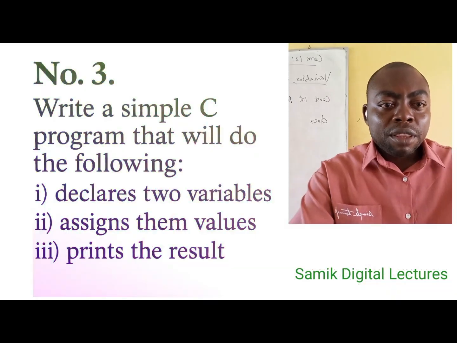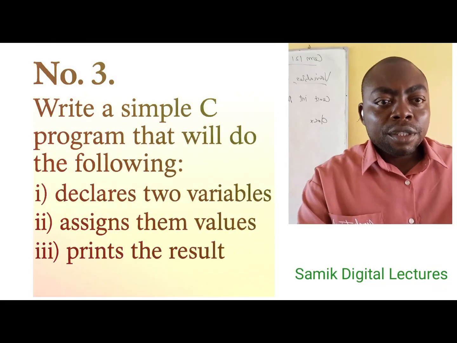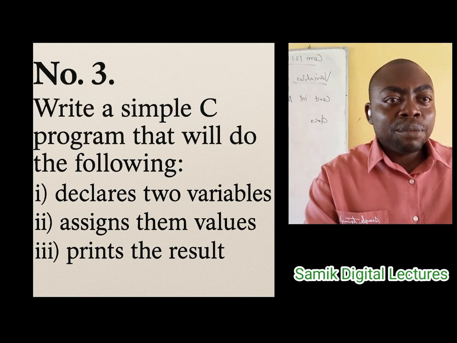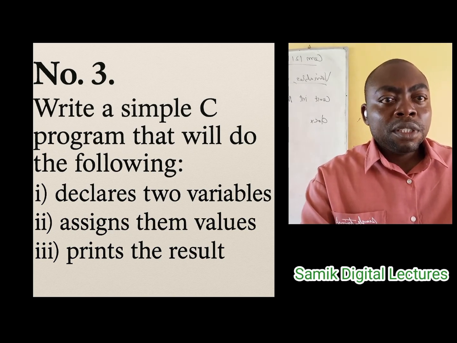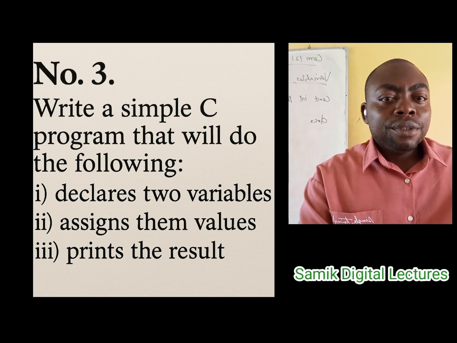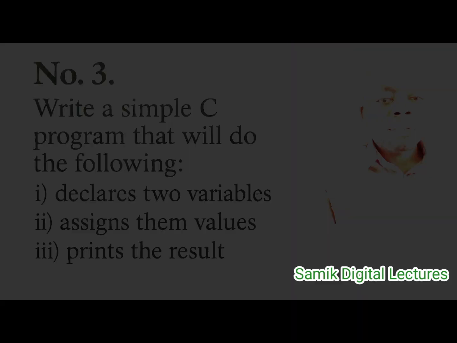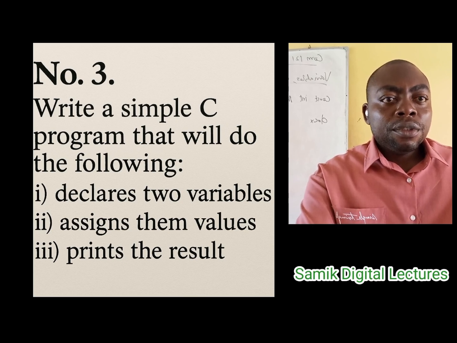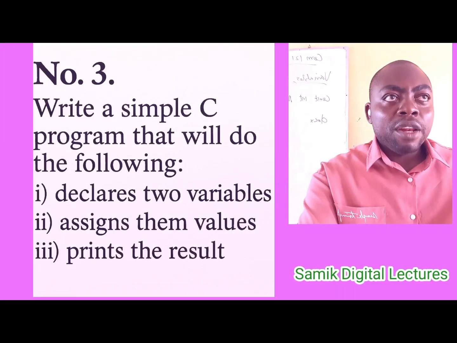And then number 3, your question number 3, we have up to 4 questions. Question number 3, write a simple C program that does the following. 1, declares 2 variables. 2, assigns them values.